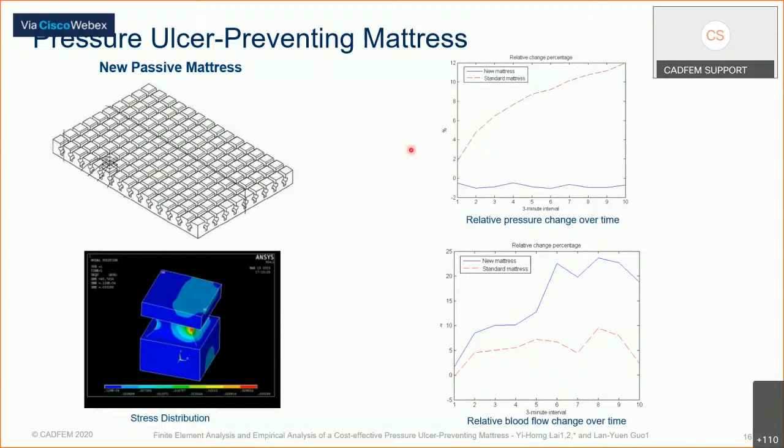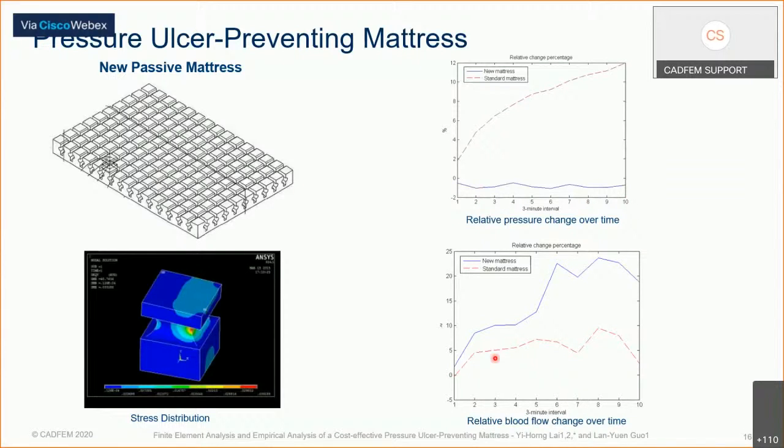So with time, the mattress becomes hard, or the softness is lost, so it's not comfortable for the patient. The pressure is getting higher and higher. As you can see for this optimized mattress, the pressure is not varying too much. It's almost constant, so it is really comfortable for the patient with respect to time also.